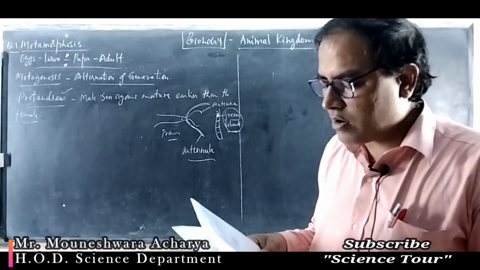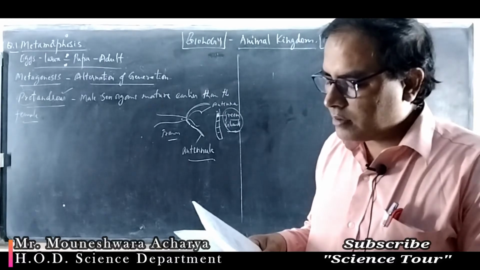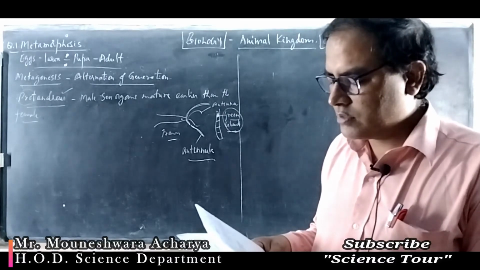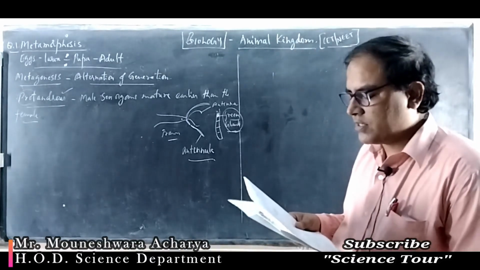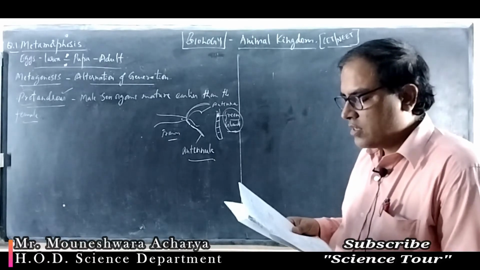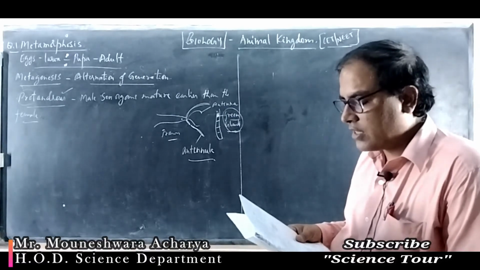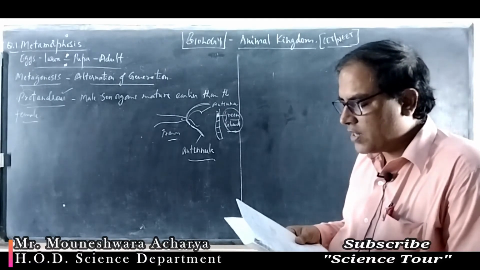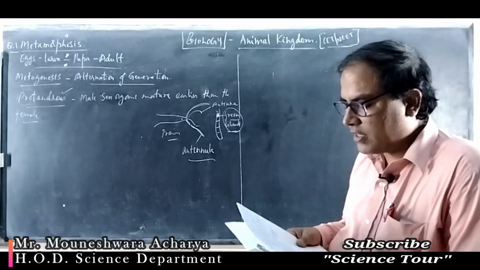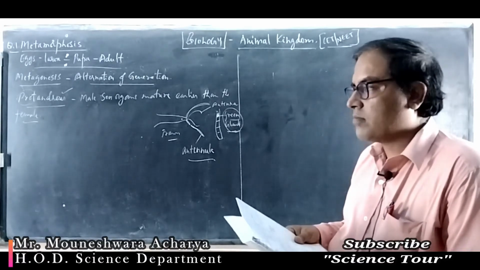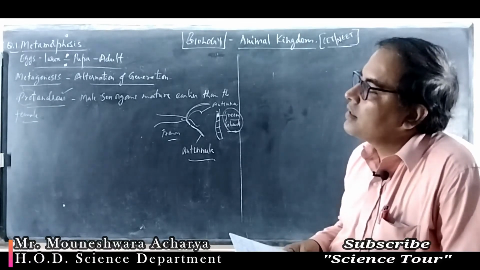So such animals are called as options: A acoelomate, B pseudocoelomate, C coelomates, D hemocoelomates. Which is the correct option? B, pseudocoelomate. Pseudo means false coelom. Okay, it has a body cavity present between the body wall and the gut wall. In some animals the body cavity is not lined by mesoderm, but it can be lined by what?